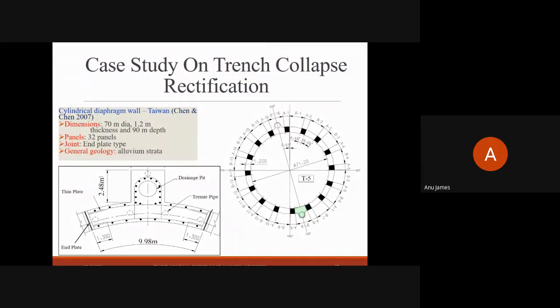Out of this, 16 panels had a width of 10 meters, and the other 16 panels had a width of 4 meters. Out of these, 2 panels were for drainage purposes.